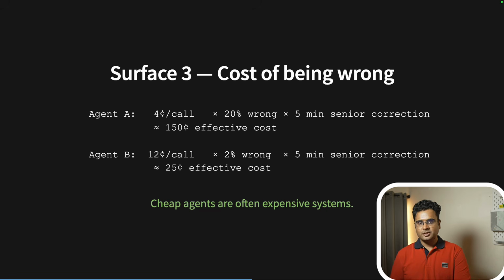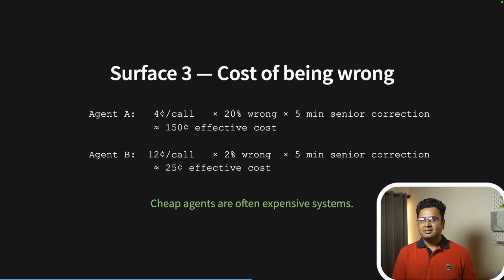Now, this is why low quality agents are expensive even when they are cheap. A 4-cent agent with a 20% wrong answer rate that requires, let's say, a 5-minute human correction is effectively a 150-cent agent. A 12-cent agent with a 2% wrong answer rate is effectively a 25-cent agent. So the cheap agents are often the expensive system. The architectural implication is this, and this is the senior move, guys.